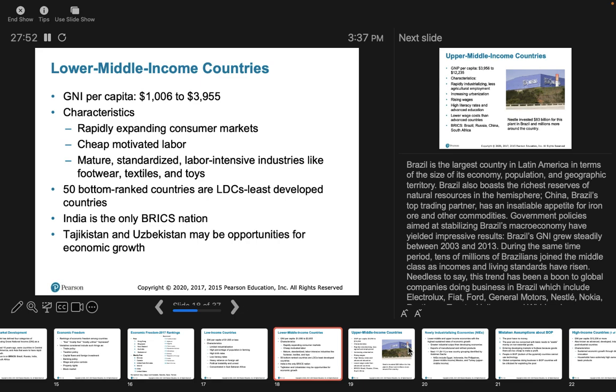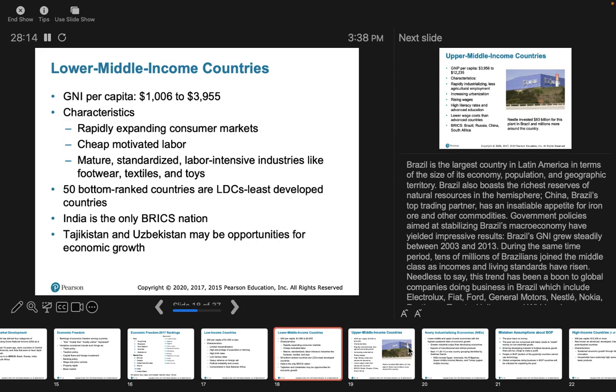Now, let's talk about Brazil. Brazil is the largest country in Latin America in terms of the size of its economy, population, and geographic territory. Brazil also boasts the richest reserve of natural resources in the hemisphere, and it trades a lot with China.